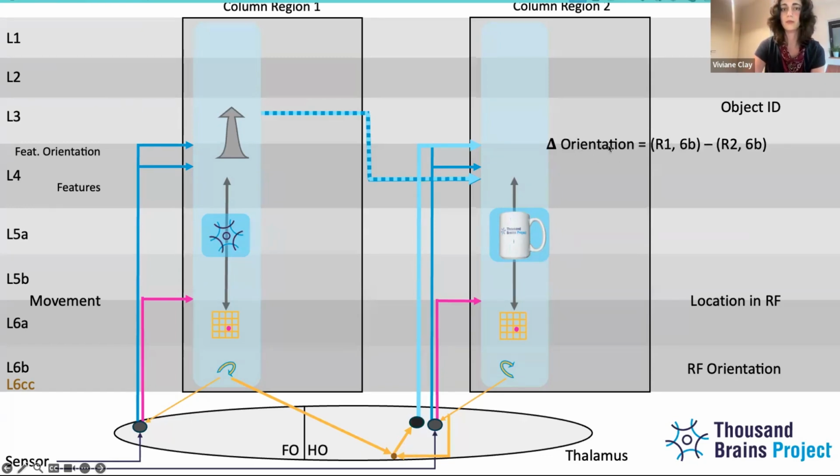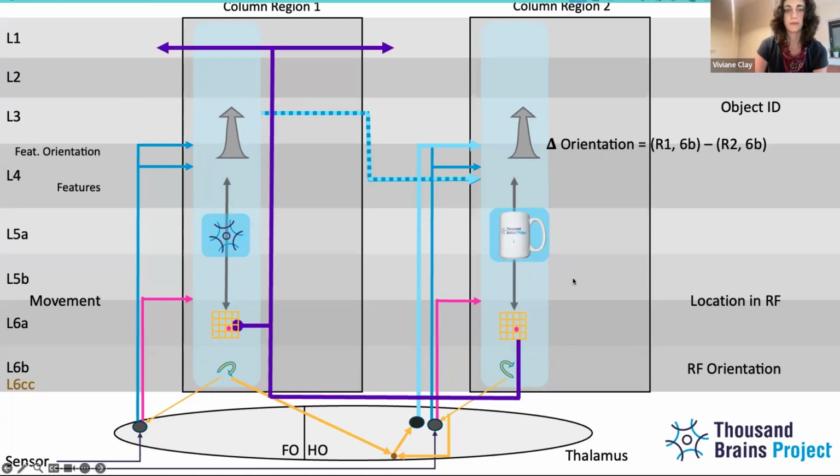So this delta orientation is basically this orientation here minus this orientation here. And it's the orientation of the logo relative to the cup. That way, if the cup rotates, it automatically compensates for which orientation we would expect the logo to have. And we can recognize the cup in any orientation and the logo.